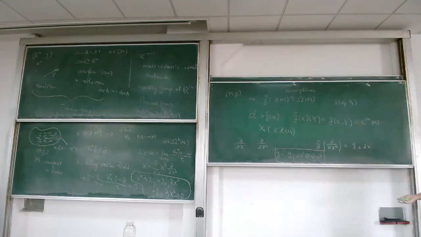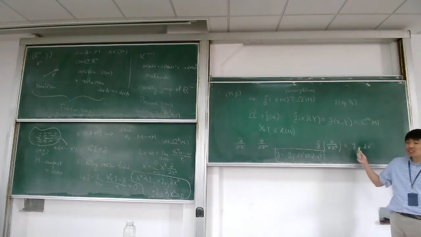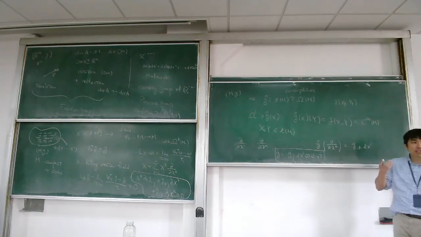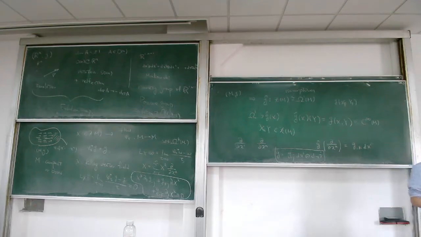To get an isomorphism, this G_ik has to be non-degenerate as a matrix. So that's what she said. G_ik being non-degenerate means it can have an inverse matrix at a point p, or any point p.